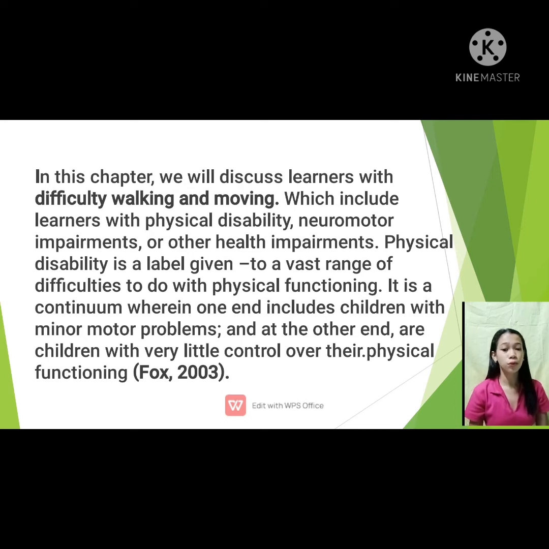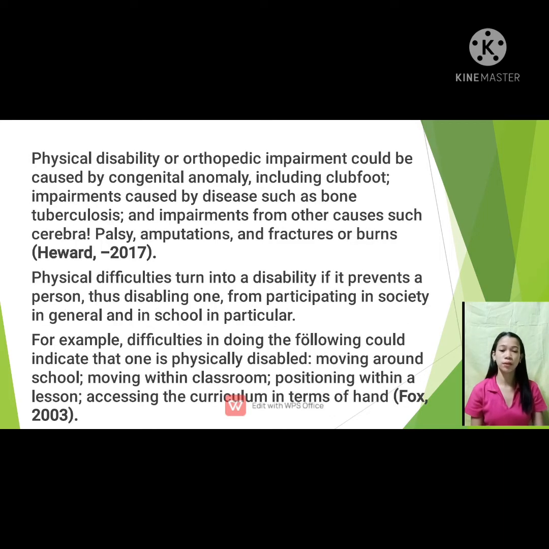It is a continuum wherein one end includes children with minor motor problems, and at the other end are children with very little control over their physical functioning, according to Facts 2003.